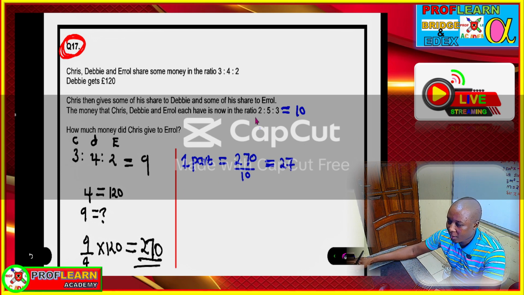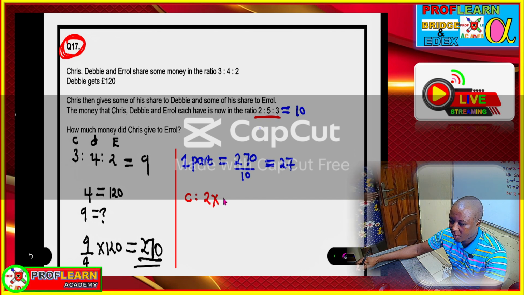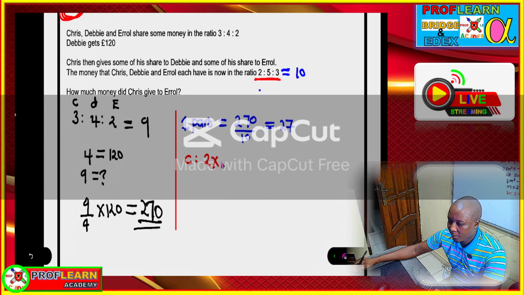So for this particular ratio that we have here, we can talk of Chris. Chris will be having 2 times 27, and that is going to be 54.